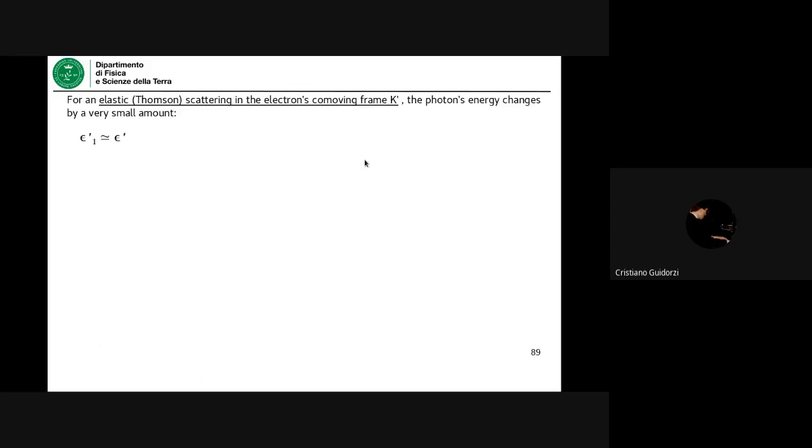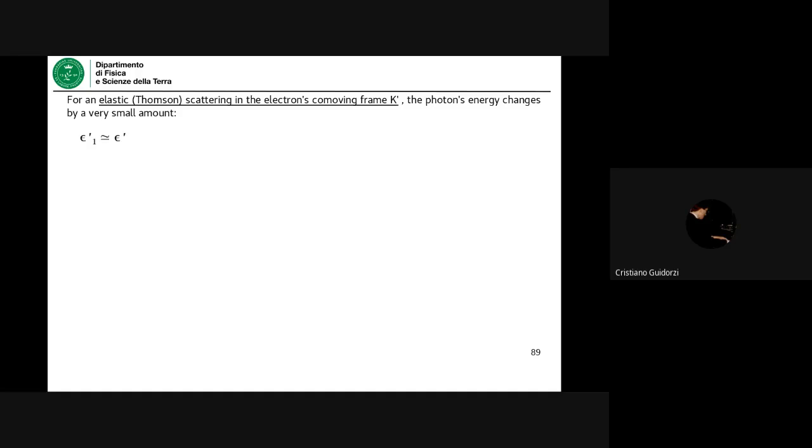Okay, but let's consider one special case. The special case is when the scattering in the comoving frame of the electron is elastic, in the sense that it can be approximately considered as a Thomson scattering. But that means immediately, if you think for a moment, that the energy of the photon in the comoving frame of the electron essentially doesn't change.